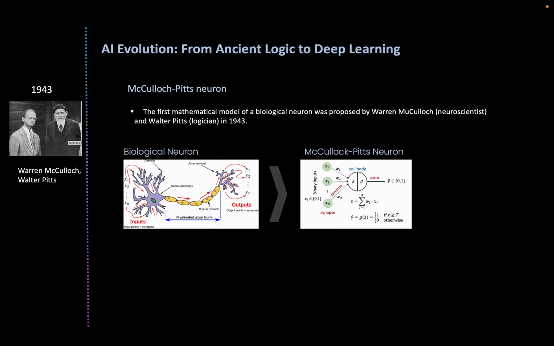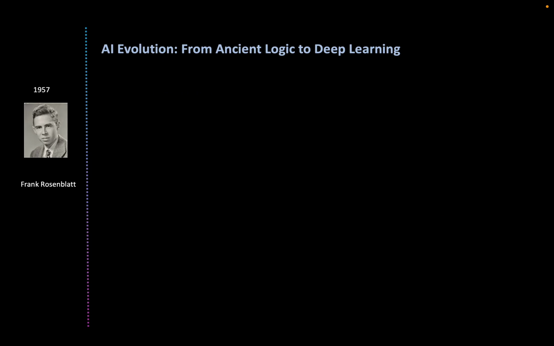This artificial neuron receives information which is in binary units, the inputs x1 to xn are either 0 or 1, then the cell body aggregates the information and outputs the value y prime. The y prime is also binary, either 0 or 1. So, with this simple mathematical model, the researchers were able to simulate simple logical gates like AND or other gates.